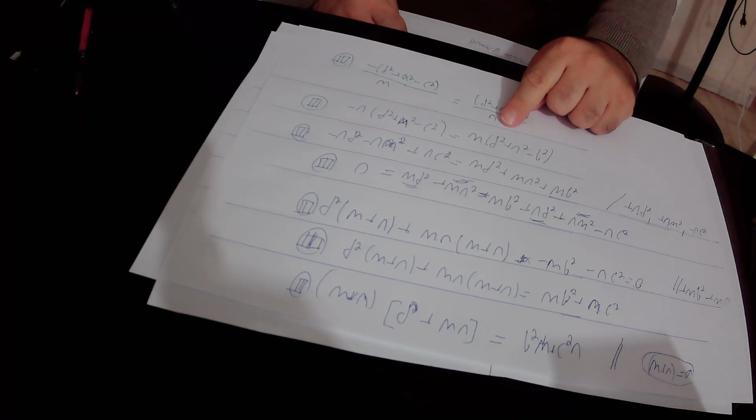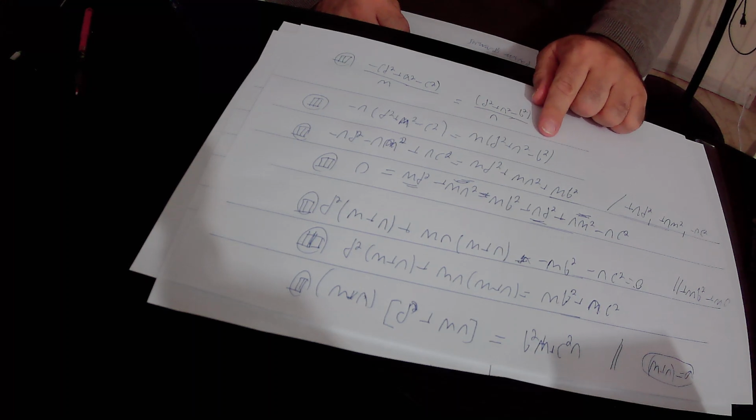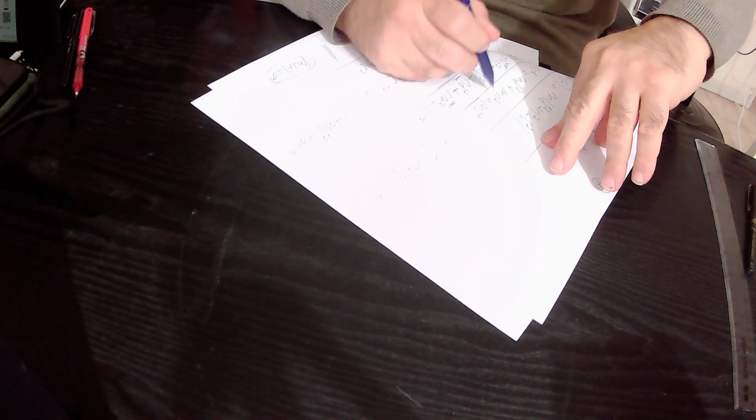We opened the brackets also here. M times d square is m d square, m times n square is m n square, and finally m times minus b square equals minus m b square.